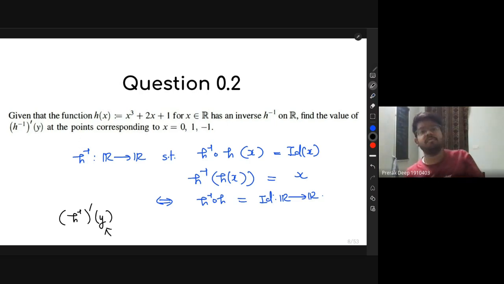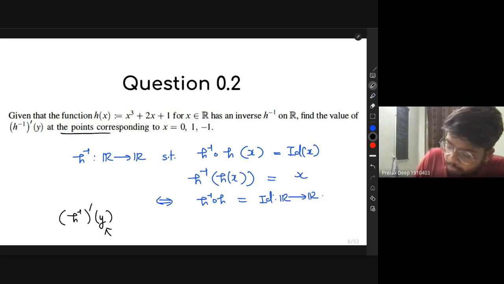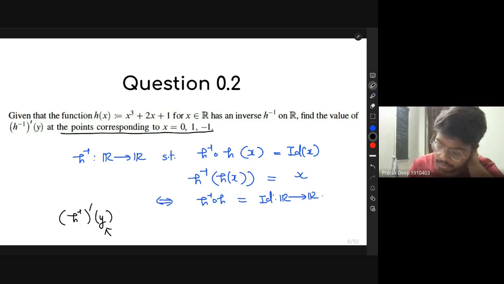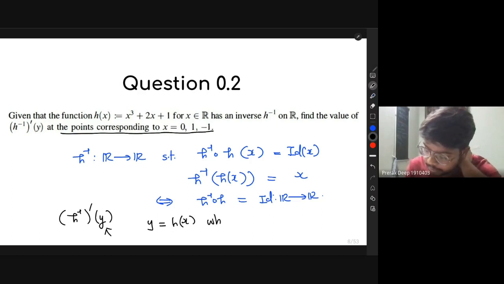This point y must be an image of h. They are referring to these points as the points corresponding to x equal to 0, x equal to 1 and x equal to minus 1. So these y are nothing but hx, where x takes these values.